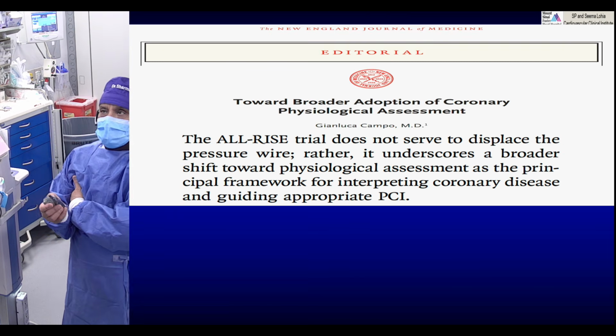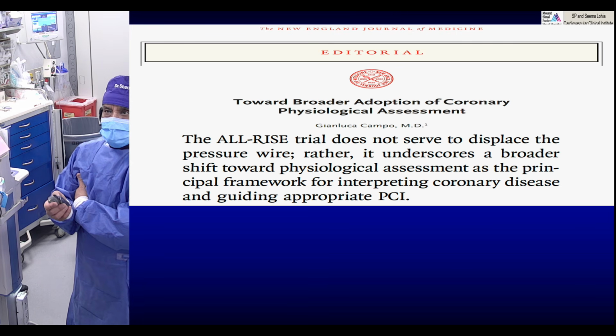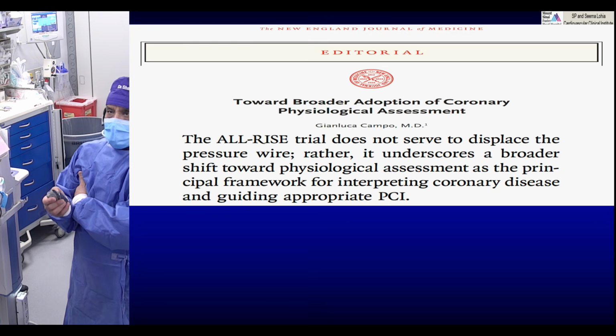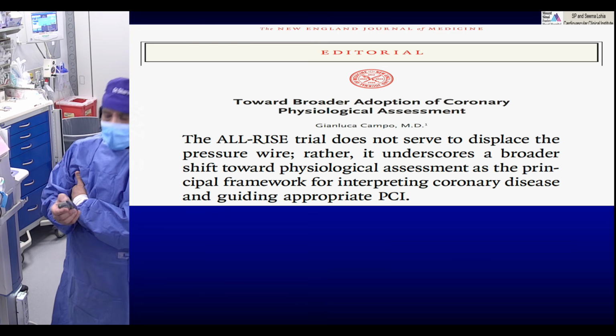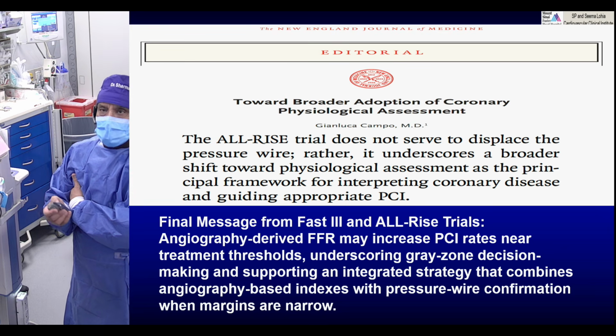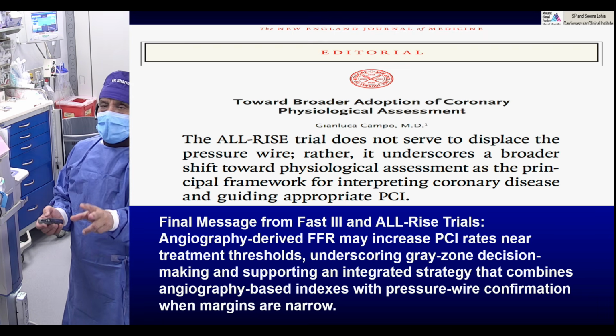So the ALL-RISE trial does not serve to displace the pressure wire. Rather, it underscores a broader shift towards physiological assessment as the principal framework for interpreting coronary artery disease and guiding appropriate PCI. So basically, with these two trials, FAST 3 and ALL-RISE, my conclusion was that angiographic derived FFR may increase PCI rates. Both of them were angiographic guided.